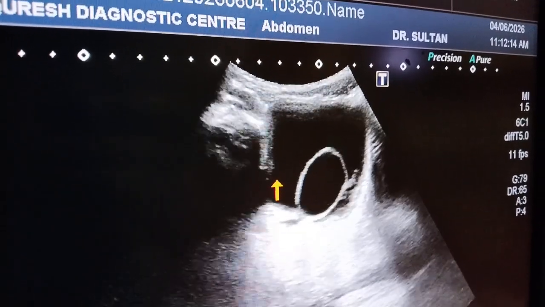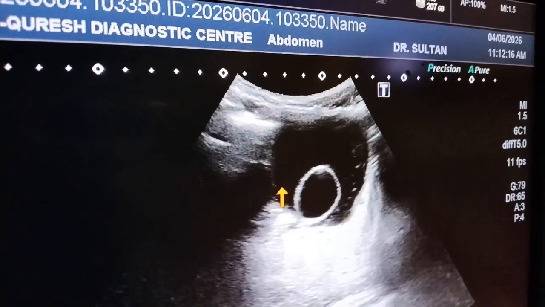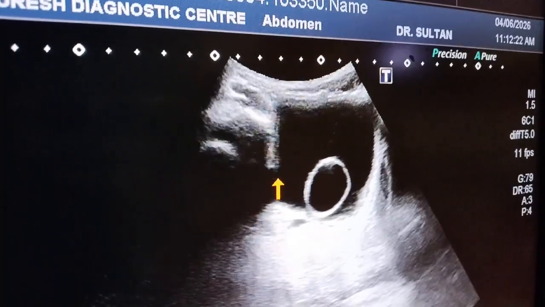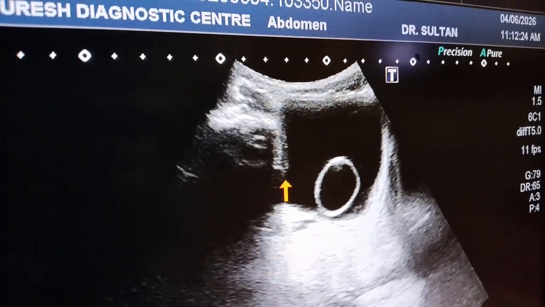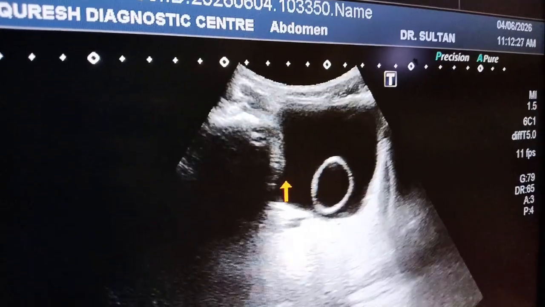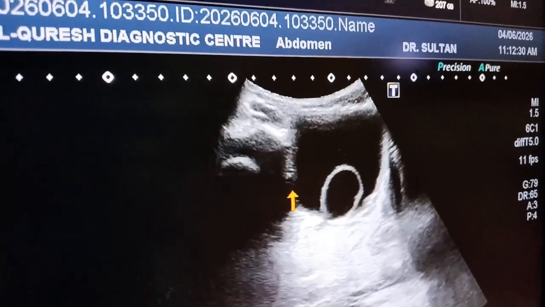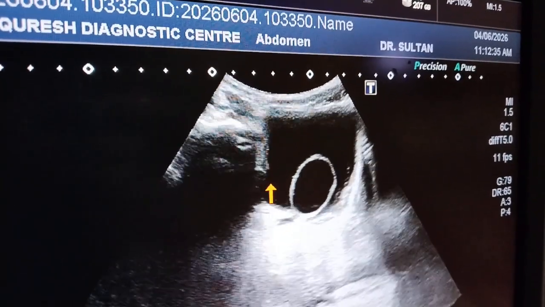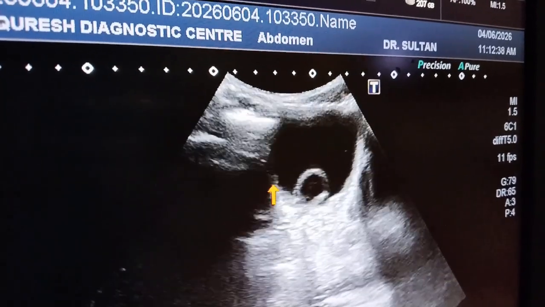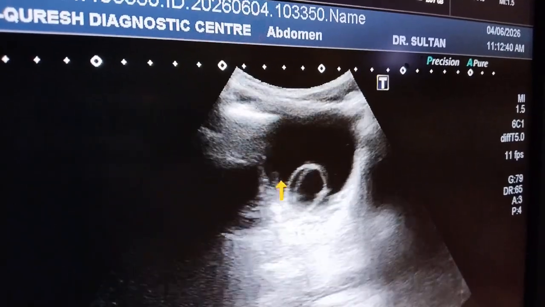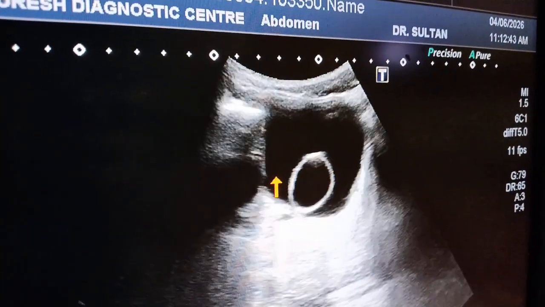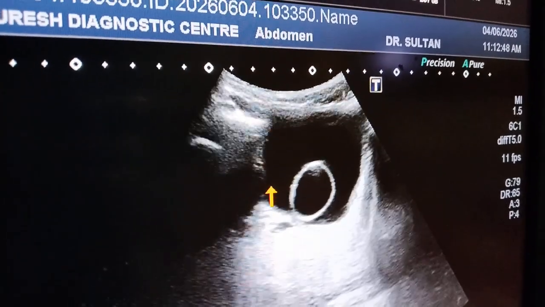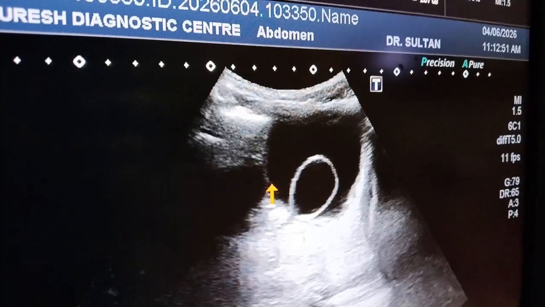This cystic structure is almost rounded and it is causing mild right hydronephrosis and hydroureter, while a single collecting system is demonstrated. This was all about the intravesical right-sided ureterocele.